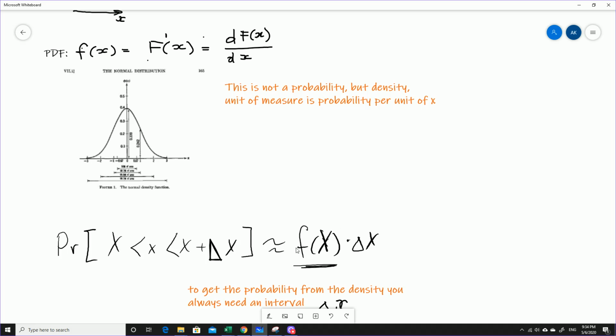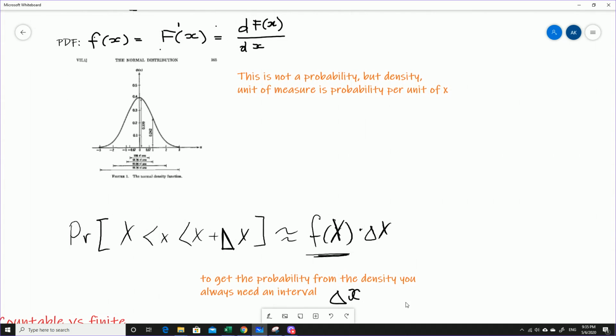Well, you take the density and multiply it by the interval width. It's very close to the notion of a physical density. So to get to probability, you always need an interval. You need to take your probability density function and multiply it by an interval, this delta x.